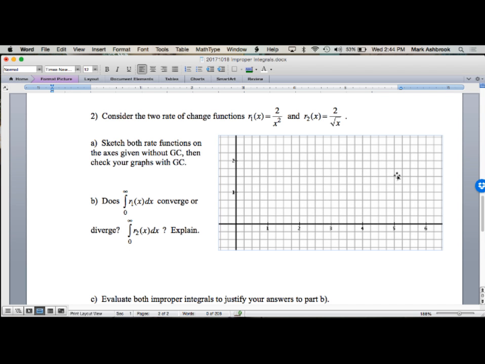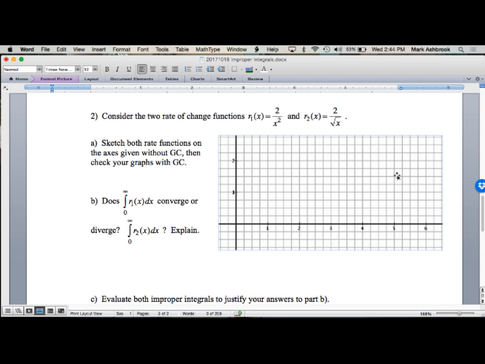Just like that for page 1. So if the rate function gets really, really small, goes to 0, then there's a chance that it will converge. Is everyone paying attention? This is really important. If the rate function goes to 0, that doesn't guarantee that, just like with this example, your accumulation is going to level off.